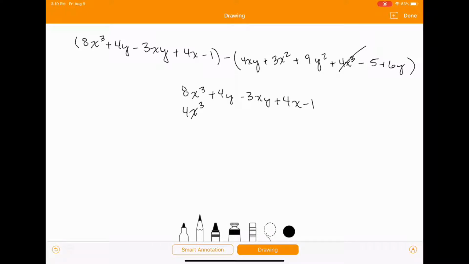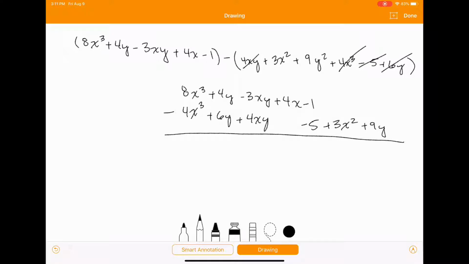Do we have any y's? We've got 6y. We've got 4xy. And then we don't have any x's, so we just skip over that one. And then constants, we've got minus 5. And additionally, we've got a plus 3x squared and plus 9y squared.